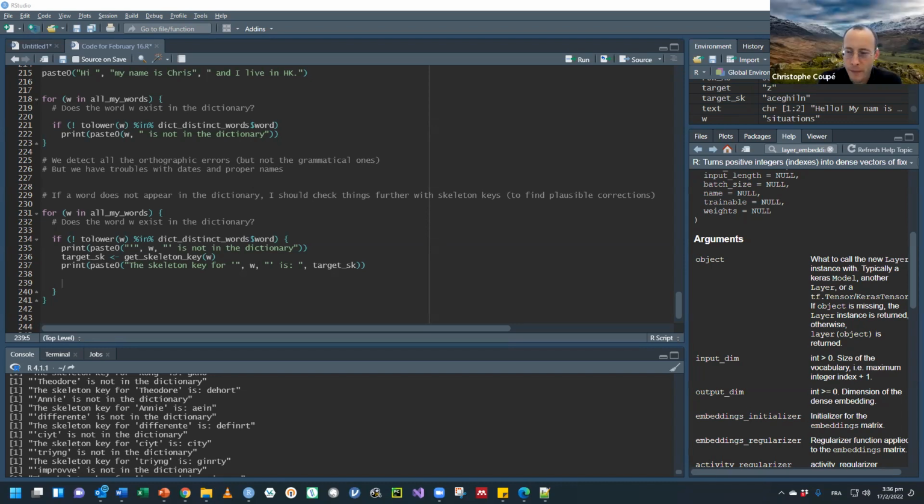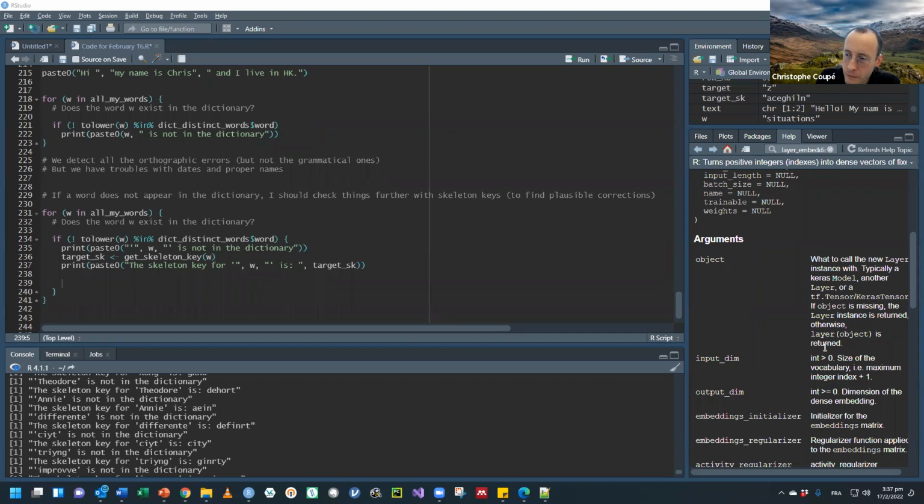What should we use if I want to check that? Anyone? What can I use to find if my target skeleton key is in the table that I have? Nobody?